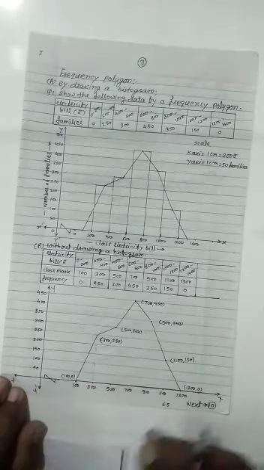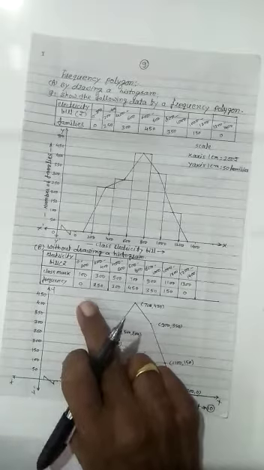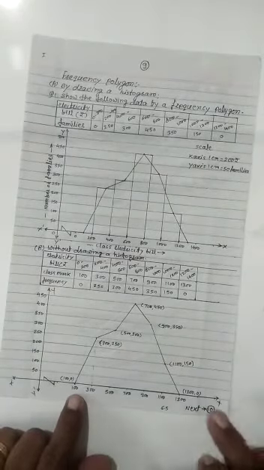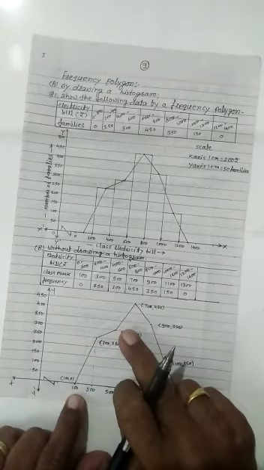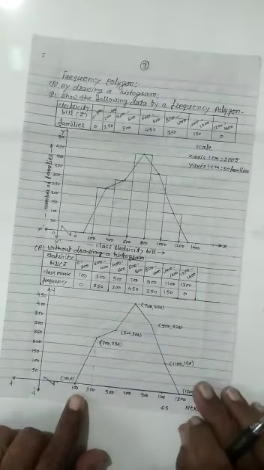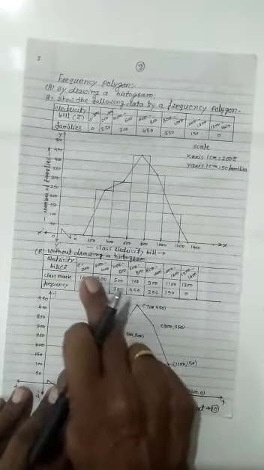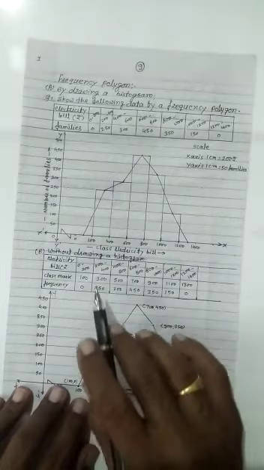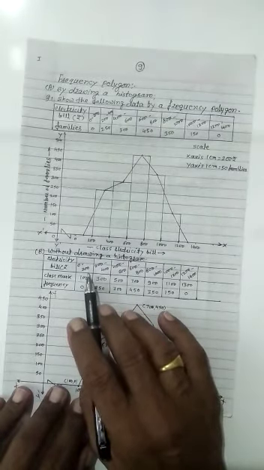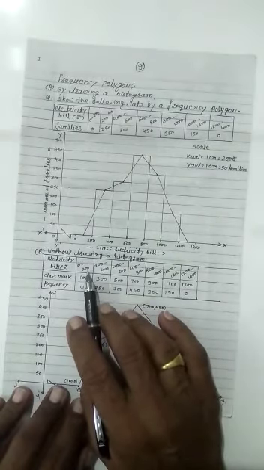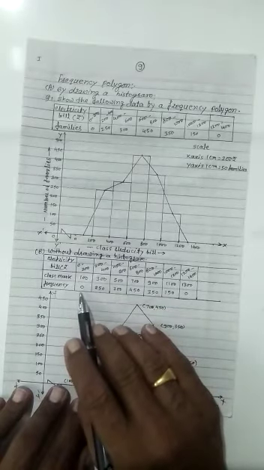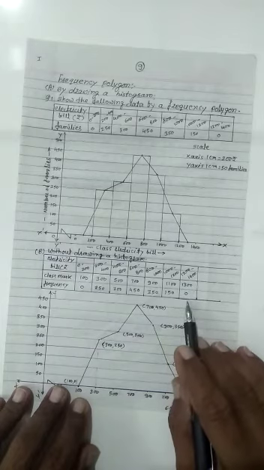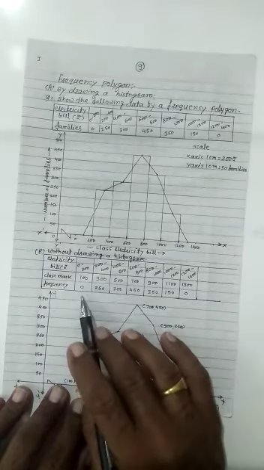Then we take the class mark and frequency in the xy plane and join the two nearest points using a scale. See, the given example is the same as before. We take here 0 to 200, that is, we extend this class and take frequency 0. The last class is also extended by us and we take frequency 0.